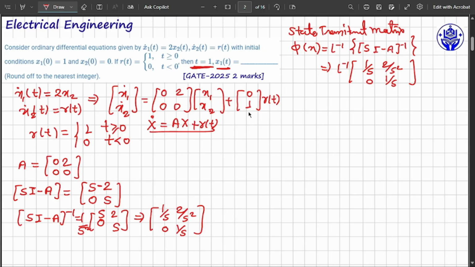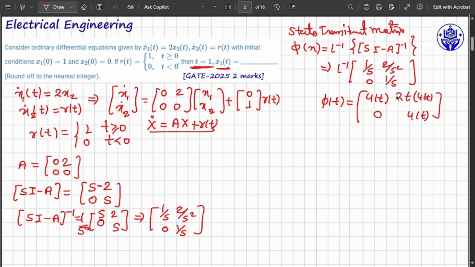Now I'm going to take this inverse Laplace transform. Here my phi of t can be written with u of t, whenever we have this kind of form. We just replace it, and it becomes u of t, 2t u of t, 0, and u of t.